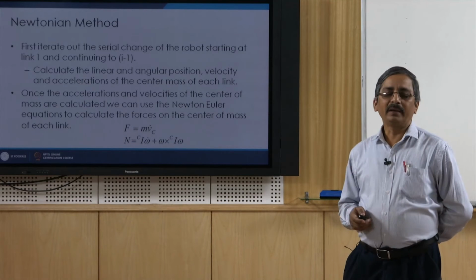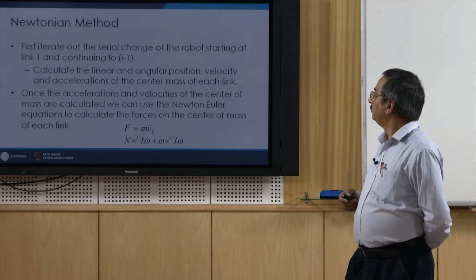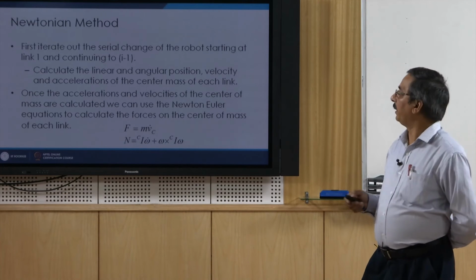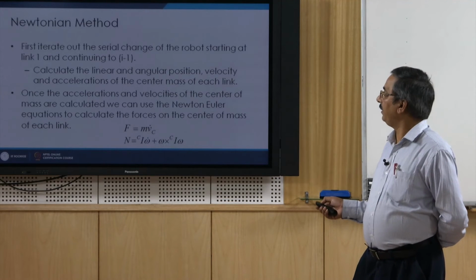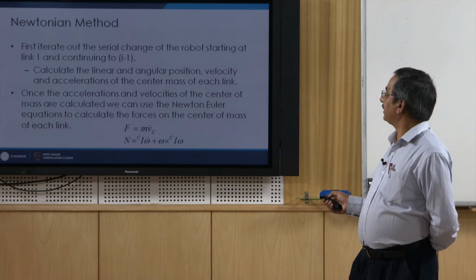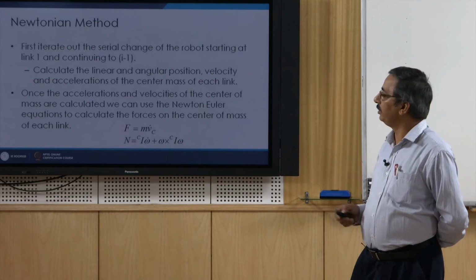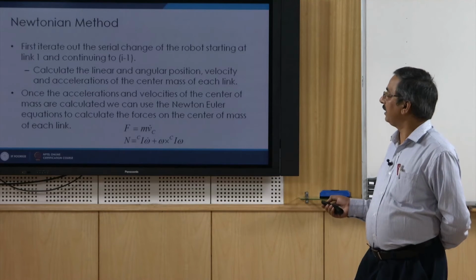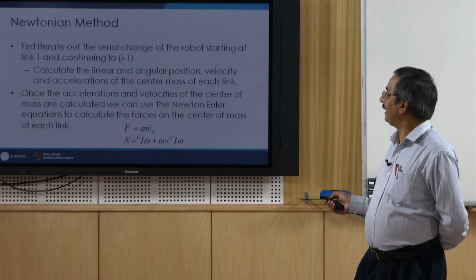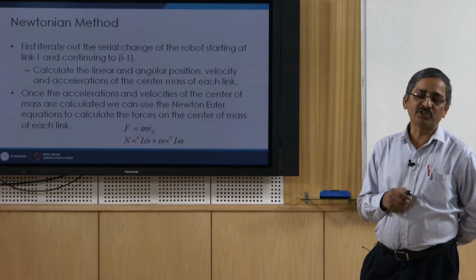Now, let us look at the ways of finding the dynamic equations of the manipulator. First, as I said, the Newtonian method. Here we first iterate out the serial chain of the robot starting at link 1 and continue to link i minus 1. Here we calculate the linear and angular position, velocity and acceleration of the center of mass of each link.